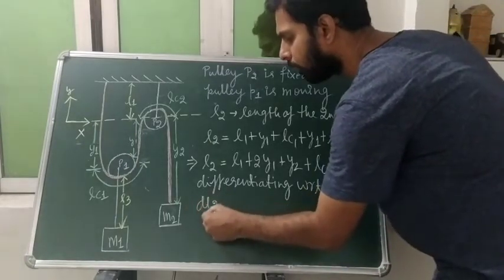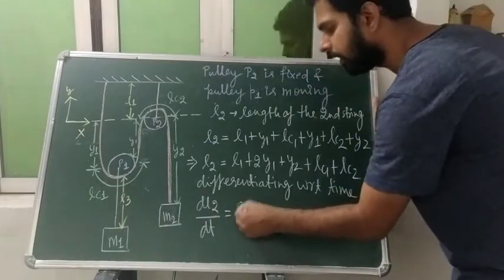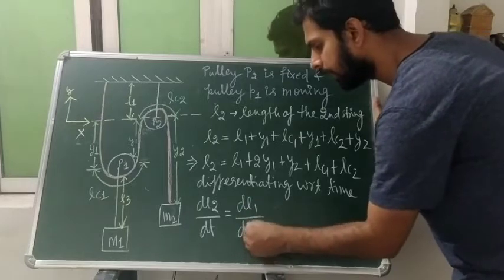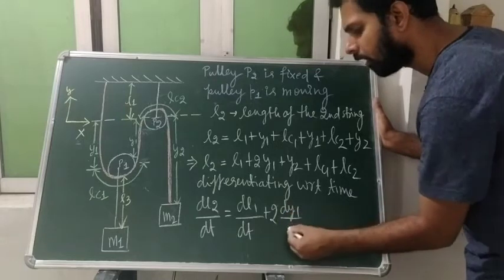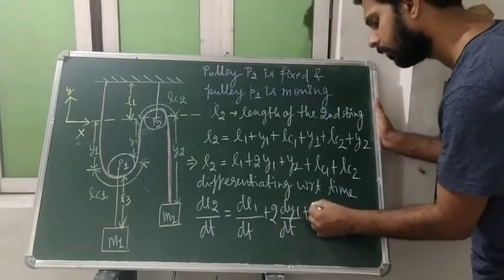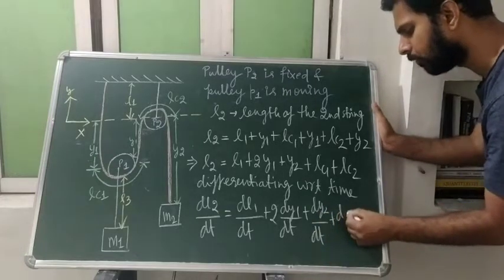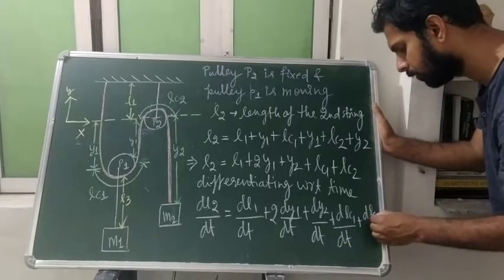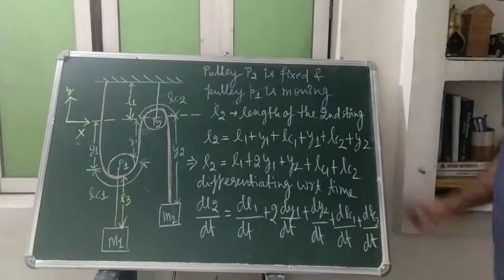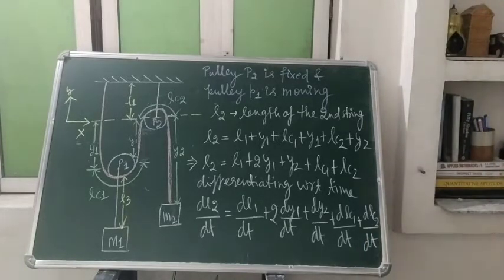That our dL2 upon dt will be equal to what? dL1 upon dt plus this 2 we will take outside, so dy1 upon dt, plus here it will become dy2 upon dt, plus here dLC1 upon dt plus this dLC2 upon dt. Okay, you can write it up here first, then after I am telling you other things.